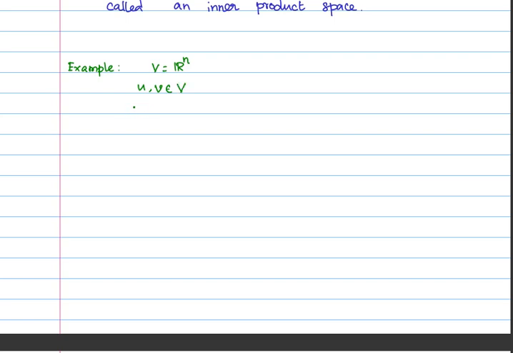So what is the vector u? I can write it as a column vector u1, u2, and so on, un. v also is v1, v2, and so on, vn.